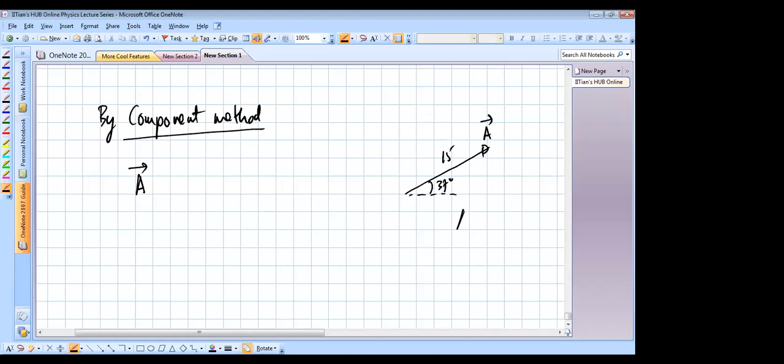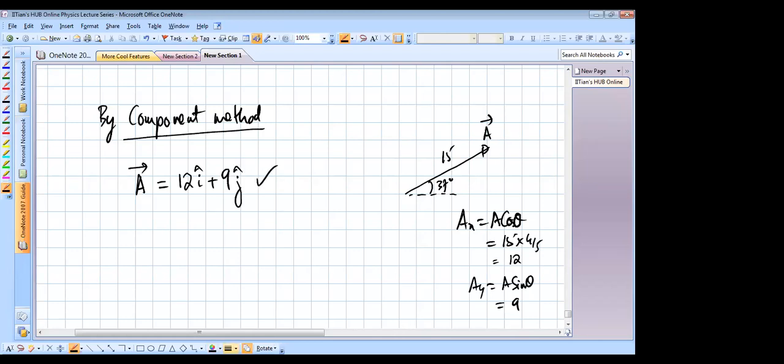So x component will be A cos theta. So that is 15 into cos 53, which is 4 by 5. So that is 12. Okay. And y component will be similarly A sin theta, which when you calculate will become 9. So this vector in component form is 12 i cap plus 9 j cap.